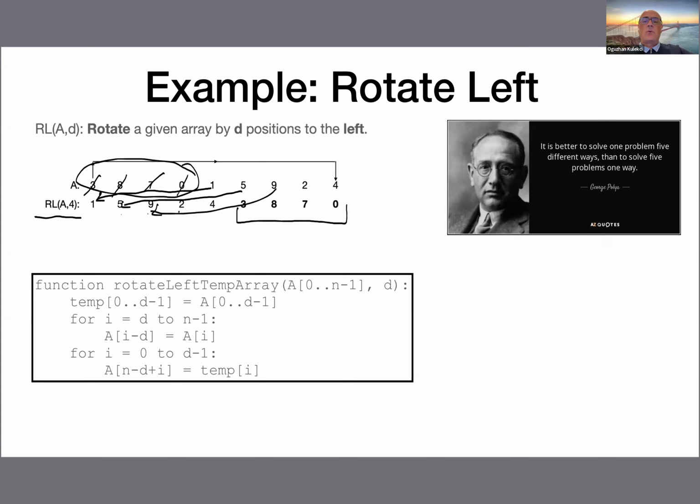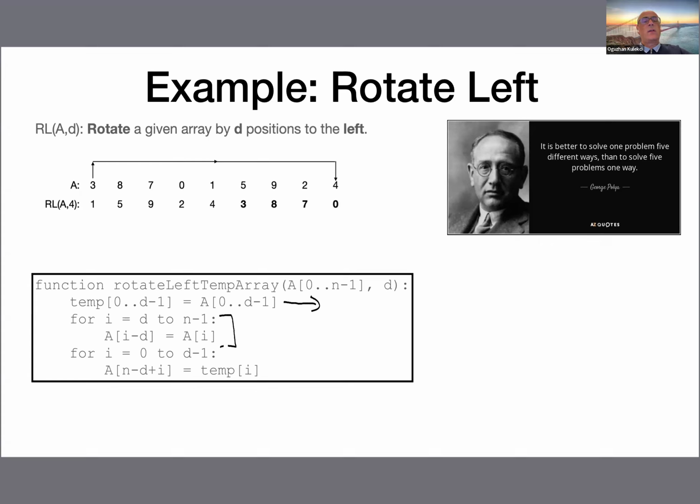And here is the pseudocode for this one. Okay, so here is the first line. What we do is, in a temporary array of size D, we just store the first D elements of the array. And following that, what we do is we just shift all the remaining n minus D elements to the left by D positions.